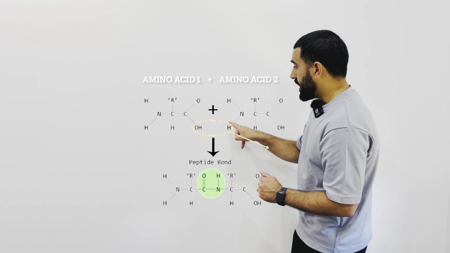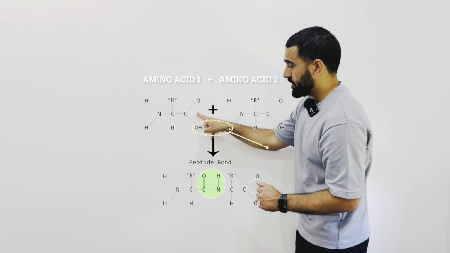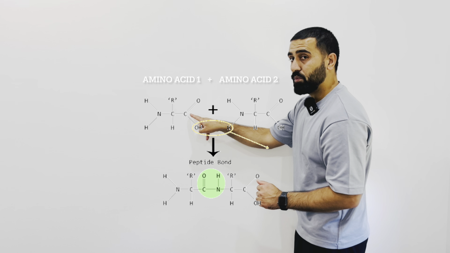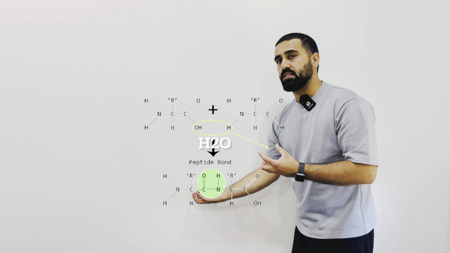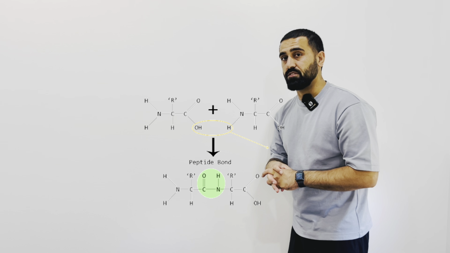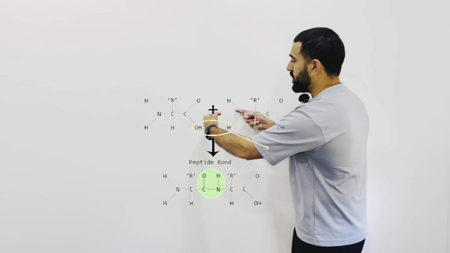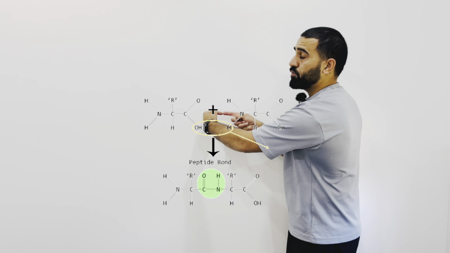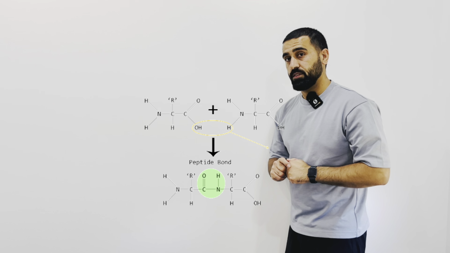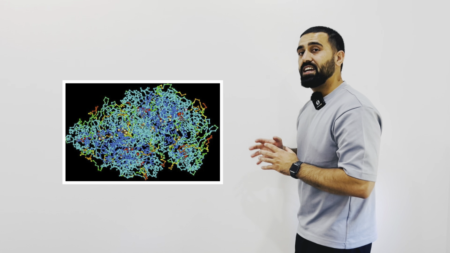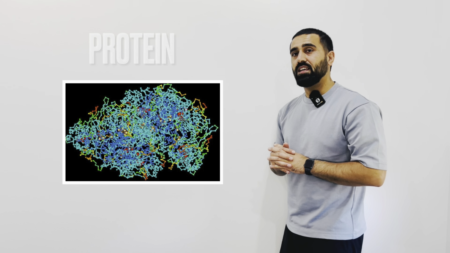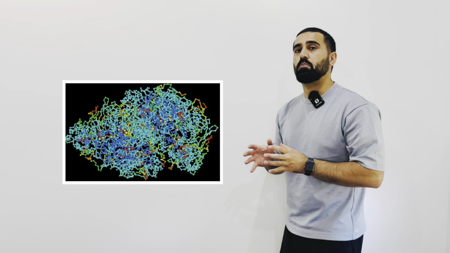So this hydrogen and that hydrogen combine with the oxygen and water is released via condensation reaction. When water gets released, these two form a peptide bond. And when you get many amino acids joined together, it forms a polypeptide, which is a protein.